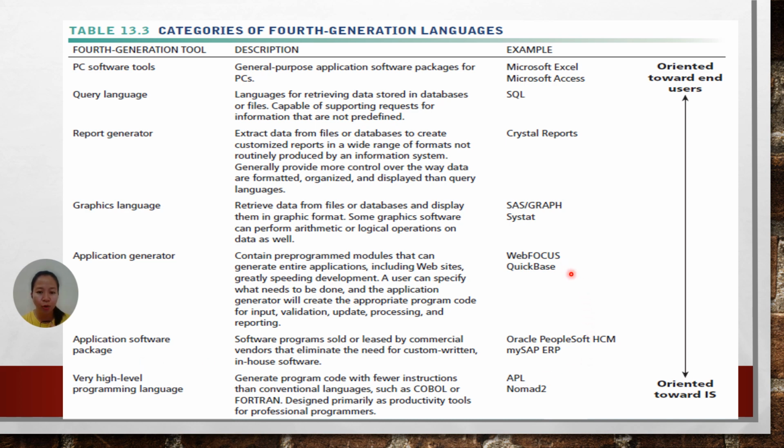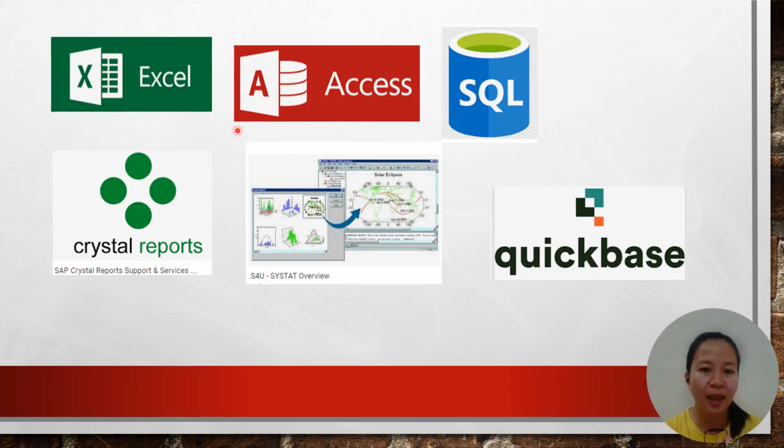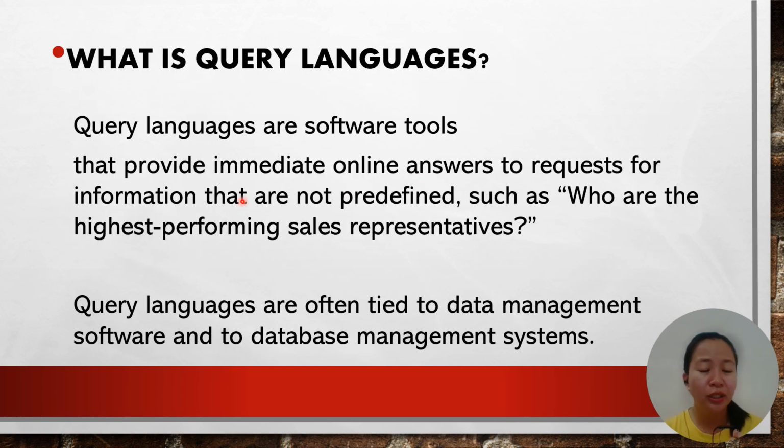Dito na yung WebFOCUS, QuickBase, Oracle, and SAP, mySAP, and APL, Nomad 2. So, ayun po ay mga examples. Yan, Excel, Microsoft Access, SQL, Crystal Reports, and QuickBase. So, common is yung SAP.